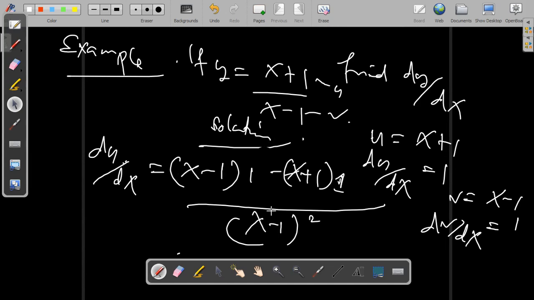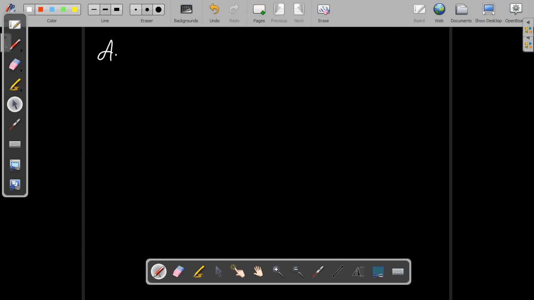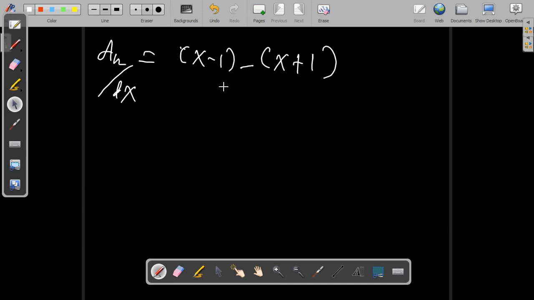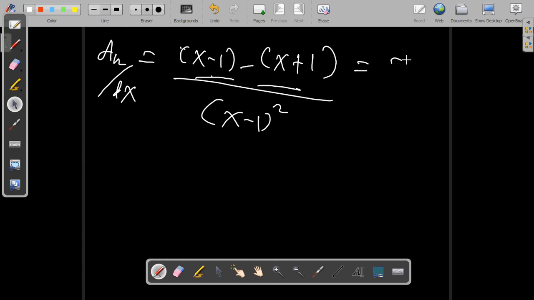It will now be dy over dx is equal to 1 times x minus 1, that is x minus 1, then minus x plus 1, then over x minus 1 raised to power 2. The x and x cancel out, leaving negative 1 and positive 1.